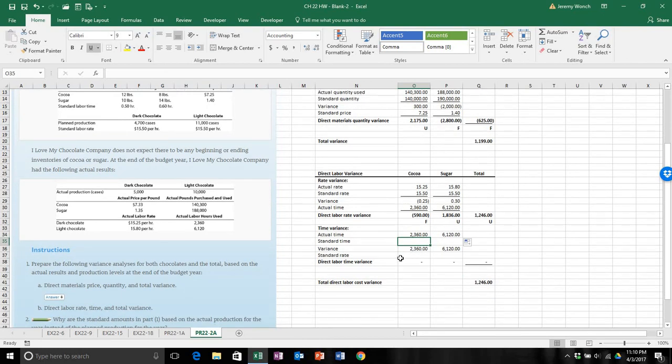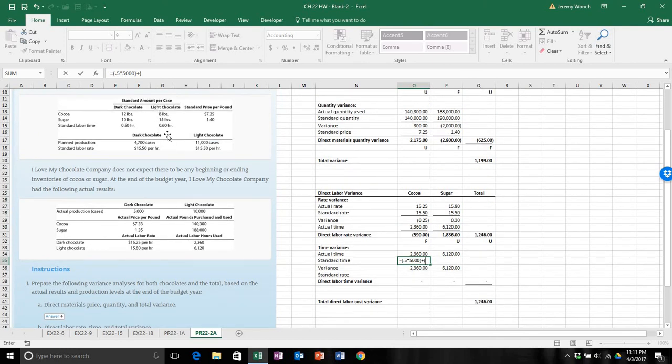And so for that, we have half an hour right here, so 0.5 times our 5,000 cases. And then for the light chocolate, it is 0.6 times our 10,000.